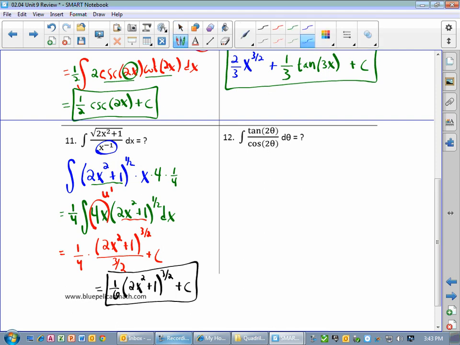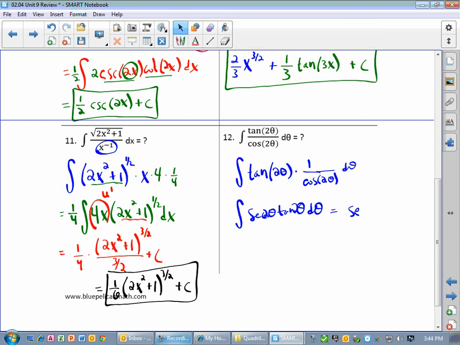Okay. In this problem, we see tangent and cosine, so we try the same trick as before. So tangent of 2 theta times 1 over cosine of 2 theta. Well, 1 over cosine of 2 theta is the same as secant. And so we actually have secant theta tangent theta. And the integral of secant theta tangent theta is simply secant theta, except that it's not theta, it's 2 theta.